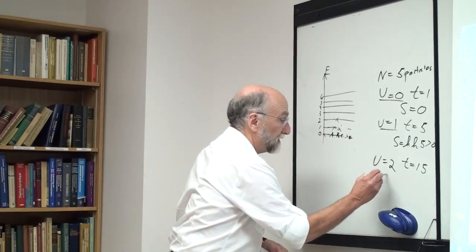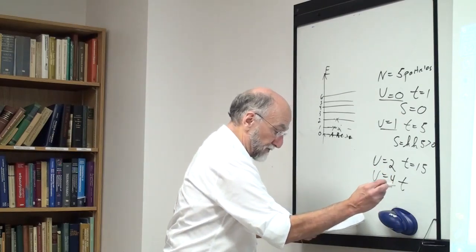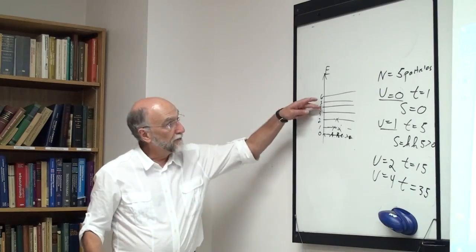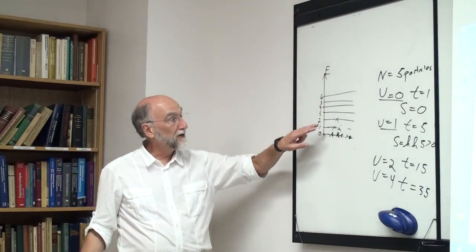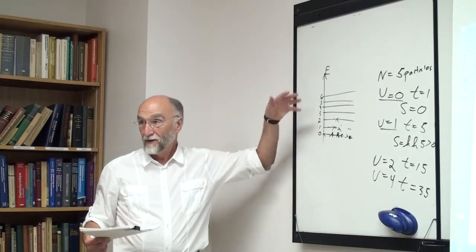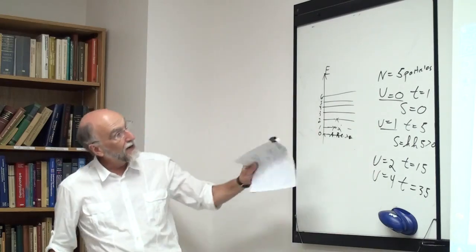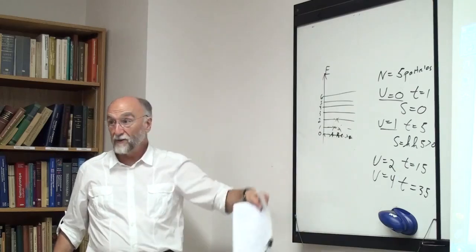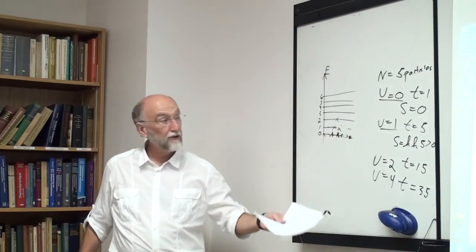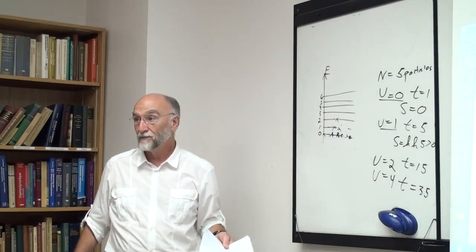If you take the energy equal to 4, the number of microstates comes out to be 35. You could have a 4 and a bunch of zeros. You could have a 3, a 1, and a bunch of zeros, 2 2s and zeros, in various ways. So the higher the energy, meaning the higher the temperature, because the internal energy goes up with the temperature, the higher the multiplicity, and the higher the entropy of the system.